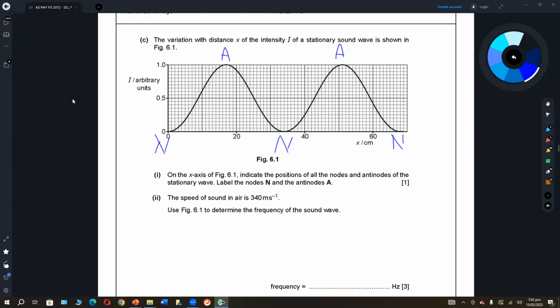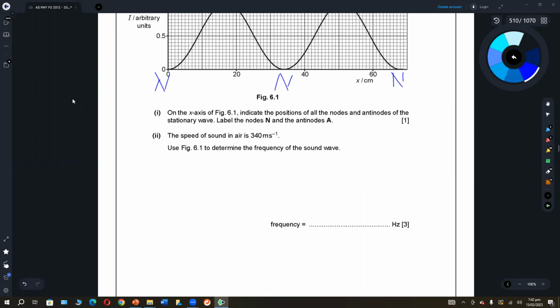Now, the speed of sound in air is 340. Use figure 6.1 to determine the frequency of the sound wave. What's the formula? v is equal to f lambda, so f is equal to v upon lambda.